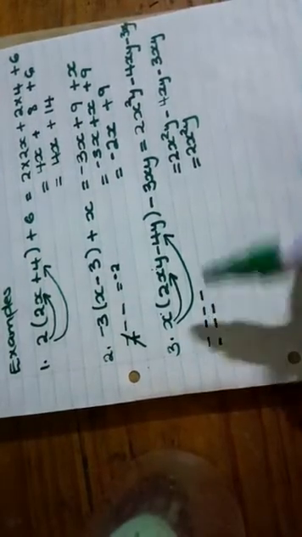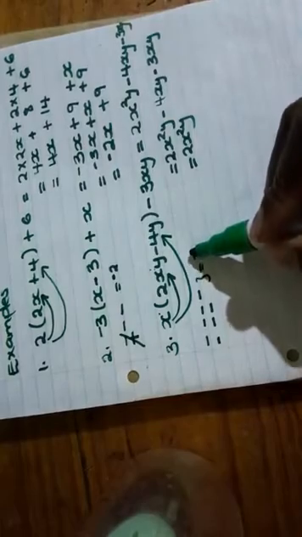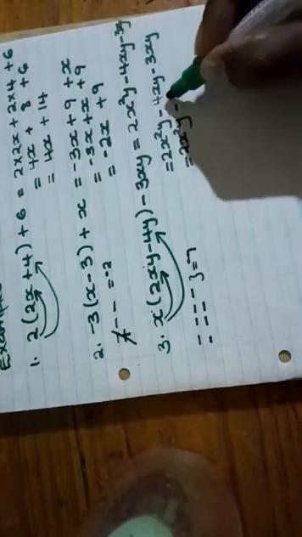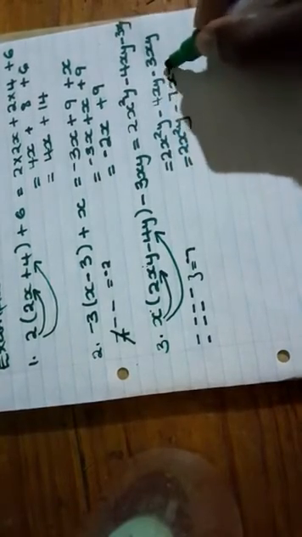So it means you remain with 1, 2, 3, 4, 5, 6, 7. So all of this is going to give you 7 of the negatives. So you'll have minus 7 of what? Of the x and y. So we have simplified this expression.